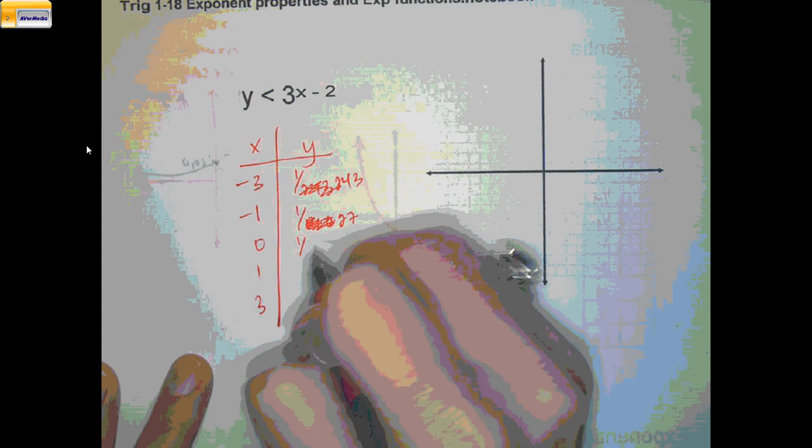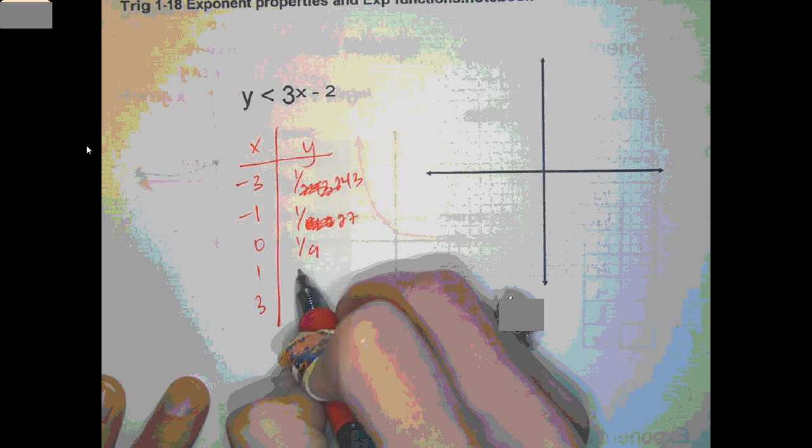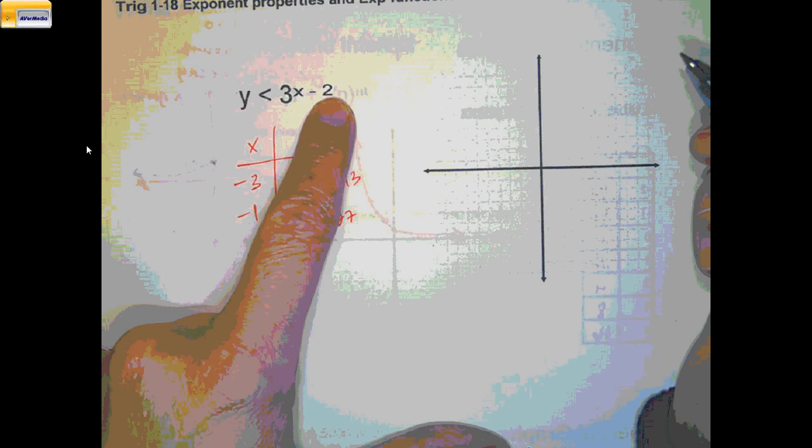0. 0 minus 2 is -2. 3 to the -2 is? 1/9. 1 minus 2 is -1. 3 to the -1, or, yeah, 1 over 3. And then 3. 3 minus 2 is 1, and 3 to the 1st is 3. So you might need to do another one to get to there, but maybe not.